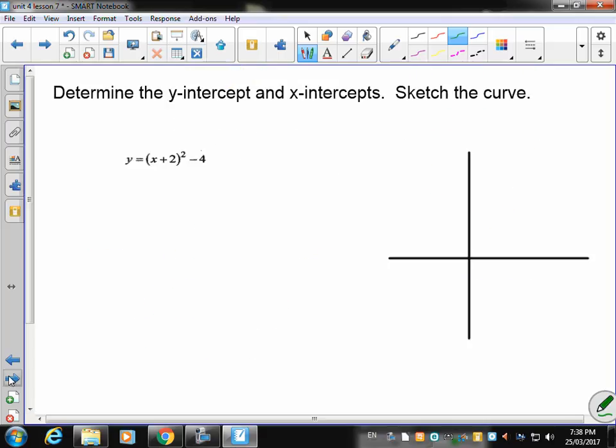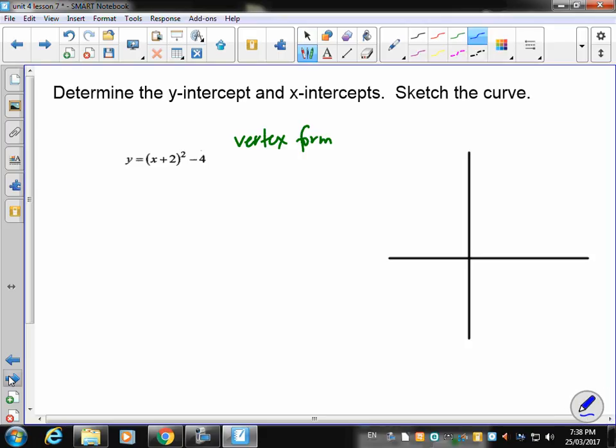This one I have in vertex form, and I have been asked to determine the y-intercept and x-intercepts and sketch the curve. We could change forms. We could expand this and write it in standard form, and then we would know the y-intercept. Then we would have to factor to get the x-intercepts. Let's see if we can do it without.